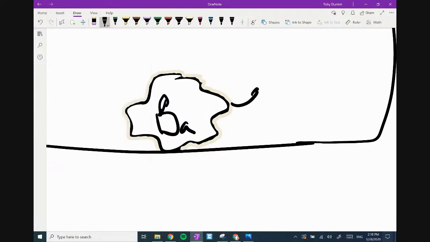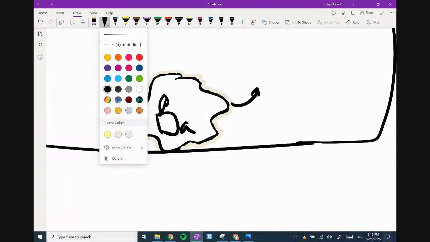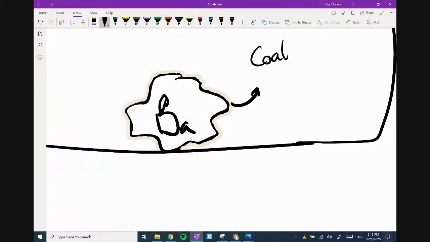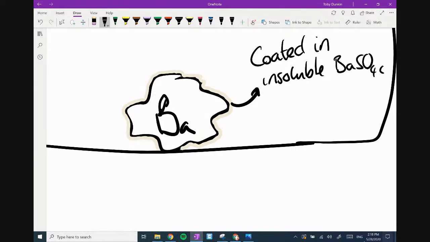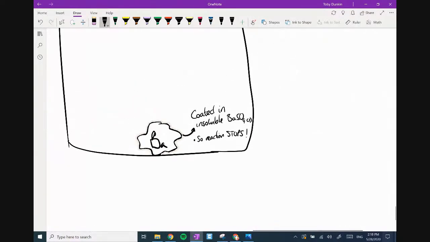It becomes coated in insoluble barium sulfate solid. And the reaction now stops. It's rather clever. We expected this massive explosion, but because barium sulfate is completely insoluble.